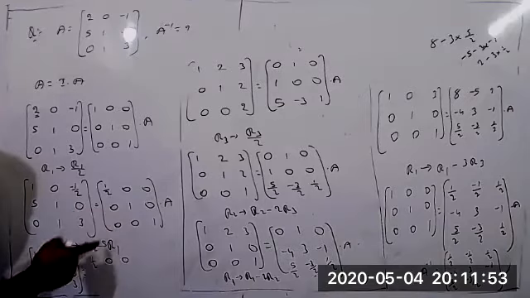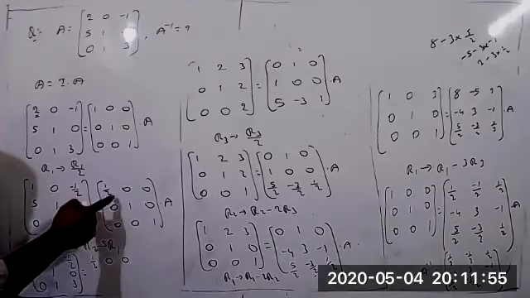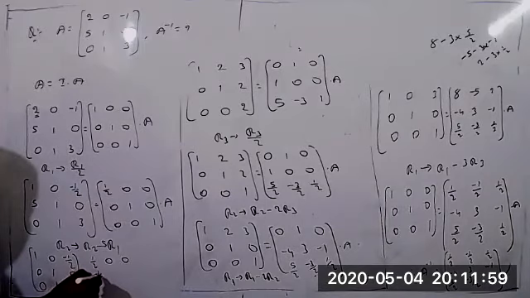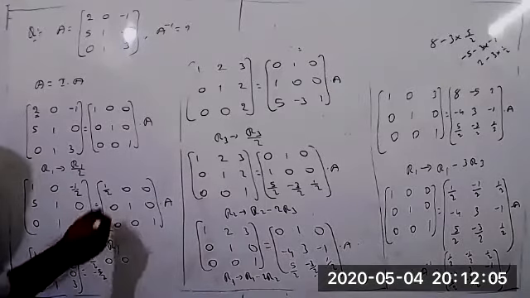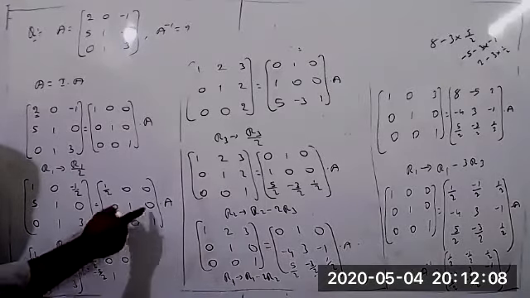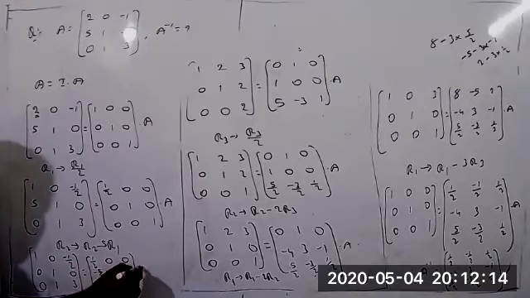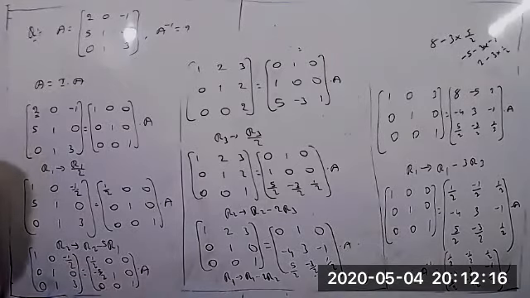Now 0 minus 5 into 1 by 2, because R2 minus 5 into R1, equal to minus 5 by 2. Next 1 minus 5 into 0 equals 1 only, and 0 minus 0 equals 0. The last row is written as is, 0 0 1, into A.